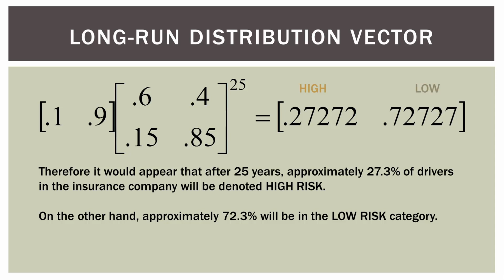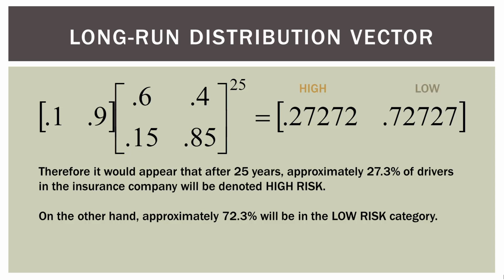Now, on the other hand, approximately 72.3% will be in the low risk category after 25 years. So think about this. Someone walks into our insurance office right off the street, and we can think about 25 years into the future.